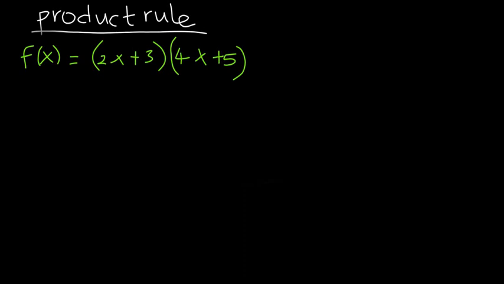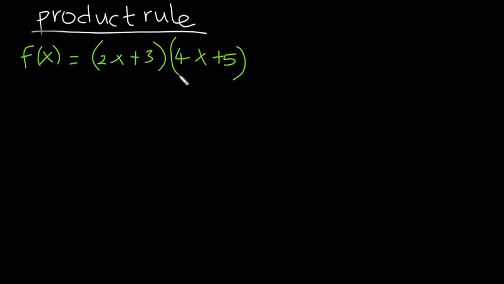One can also decide to open the brackets and then use the power rule to find the derivative. Both cases will work, but in this case we will find the derivative using the product rule, just to demonstrate it, though one can also use other methods. So what does the product rule state?